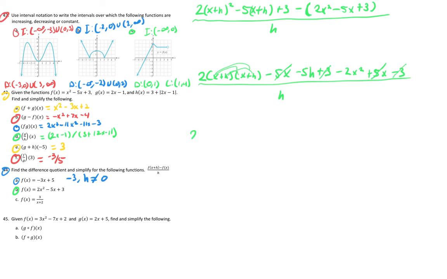So we are going to get 2(x squared plus xh plus xh plus h squared) minus 5h minus 2x squared, all of that over h. Now we can distribute that 2.